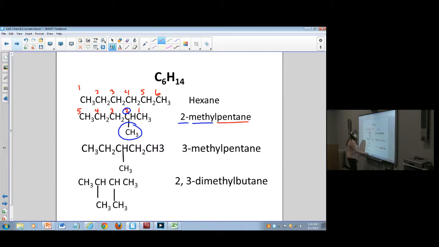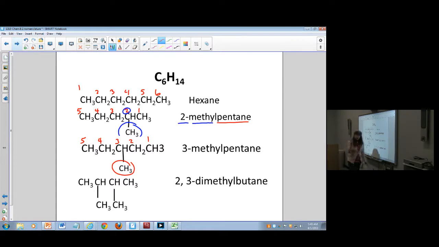Now I can also move my substituent down 1. In this case, this would be from either direction. 1, 2, 3, 4, 5, whichever direction you go. This is a methyl group on carbon 3. I could also do the numbering in this direction. It doesn't matter in this particular case because both of them end up as 3-methyl pentane.